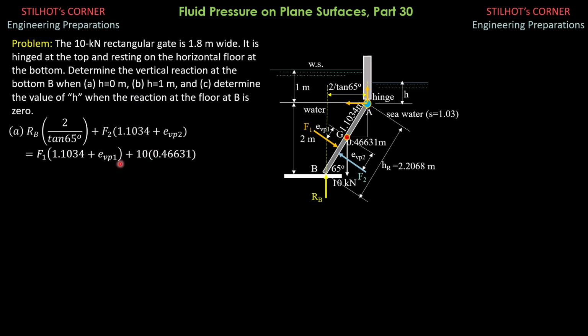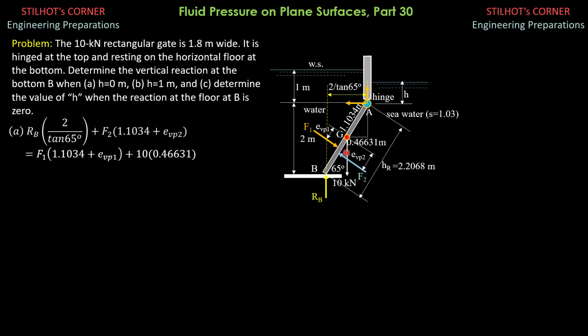Now F1 is specific weight of water, because this is water. The right side is seawater. Specific weight of water 9.81. Hg is 1 plus 1, half of 2 of course, is 2. Then the area is 1.8 times 2.2068. F1, by the way, is constant, fixed in this problem.